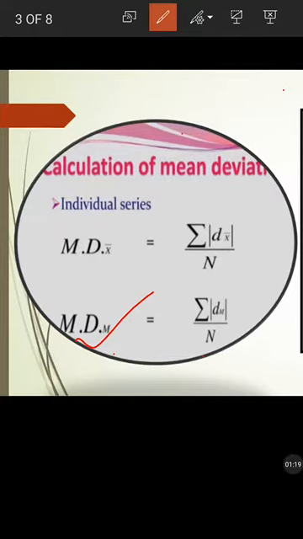I've already told you that this should be read as summation mod d by n. Here we have given the d within parallel lines, so we should say it as summation mod d divided by n.